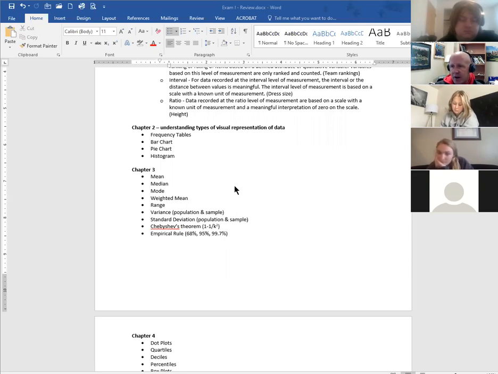Any questions on what we've got there in chapter 3? For chapter 3, in Excel, do you want us to write it out the long way like we did in that one assignment, or are we allowed to use the functions in Excel? You'll be able to use the functions in Excel unless I specifically ask you to do it, quote unquote, the old-fashioned way.